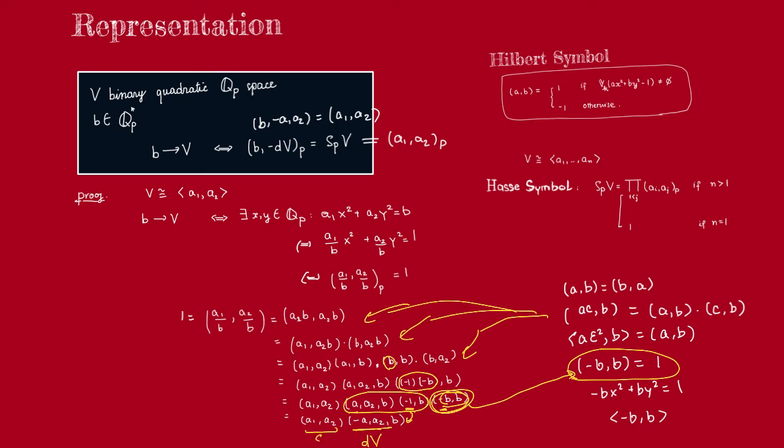This is just the Hasse symbol, right? And this is (minus d(V), B). And so the Hasse symbol and (minus d(V), B) must have the same sign, so they must be equal. Thus we see that B is representable in V if and only if the Hasse symbol is equal to the Hilbert symbol evaluated at (B, minus d(V)).